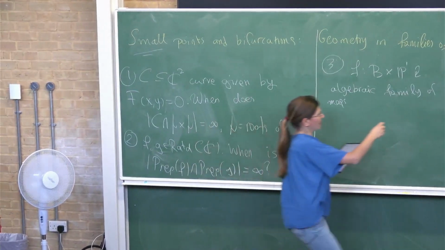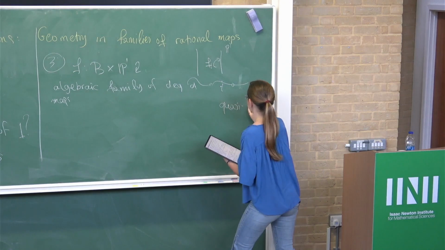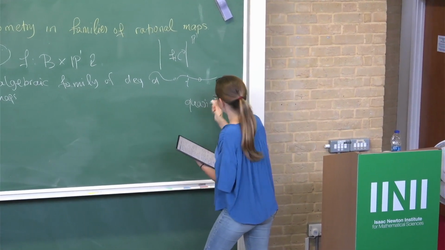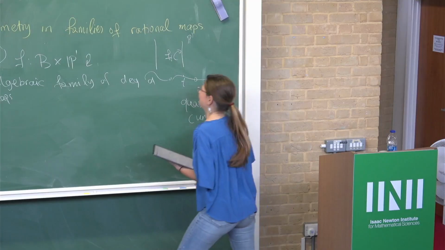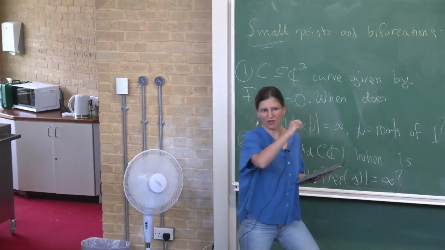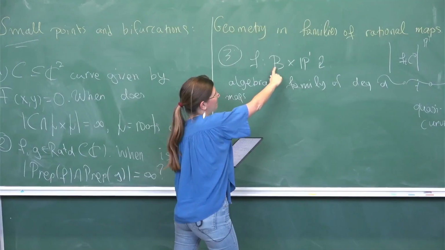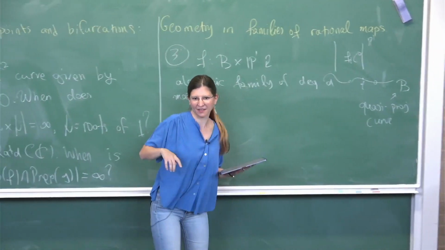Algebraic because, okay, B will be an algebraic curve. Okay, so again, for every parameter t in B, this acts like the specialized map f_t.